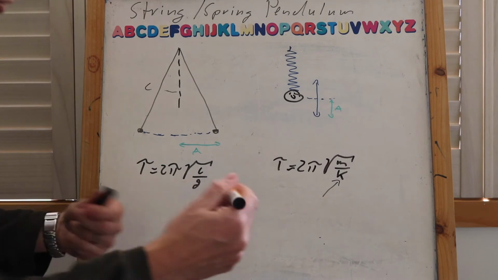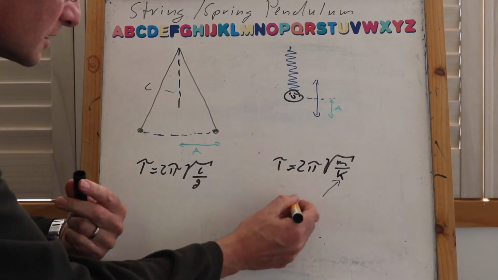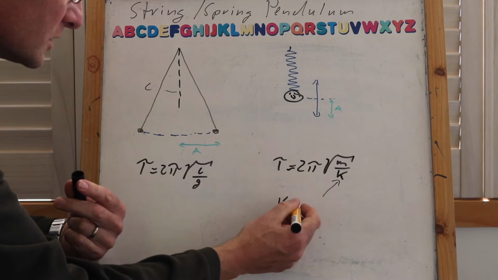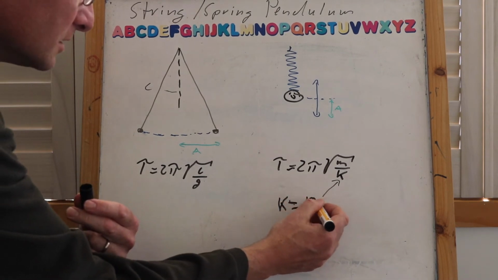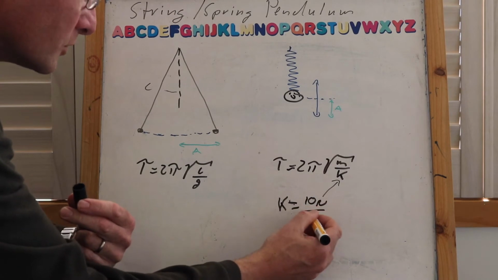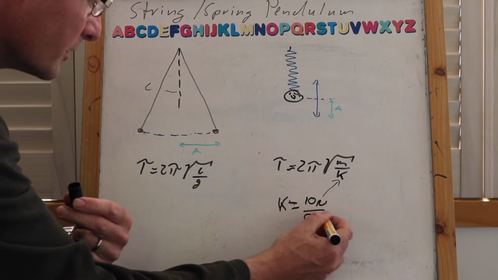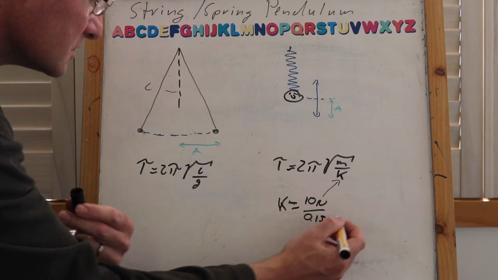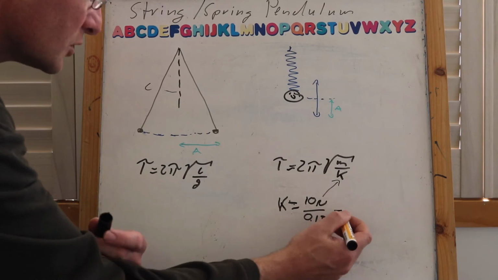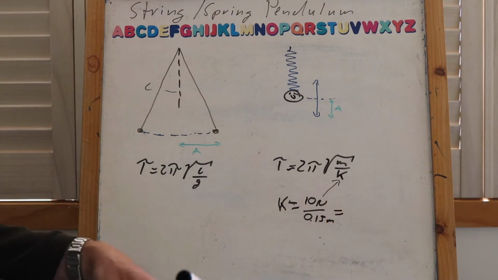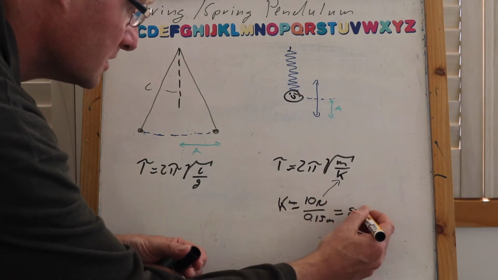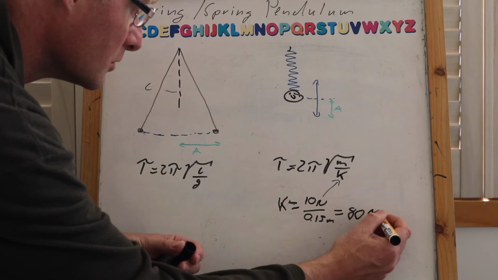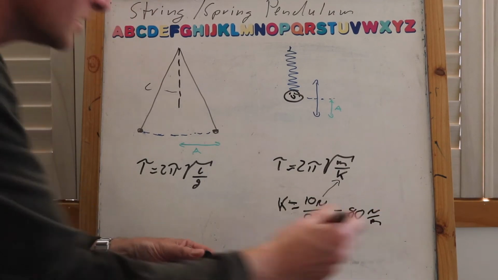So my spring constant equals 10 Newton for 0.13 meters. That will give us a spring constant of close enough 80 Newton per meter.